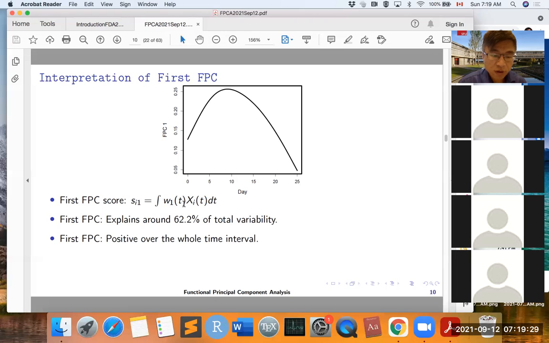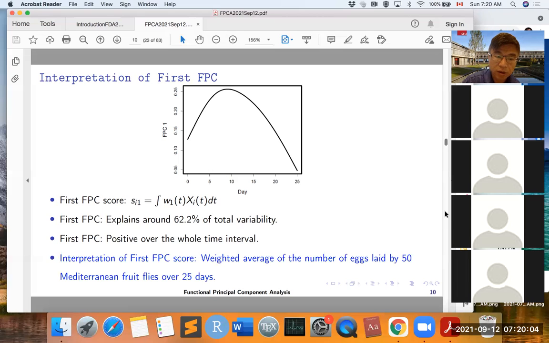So now we know that the first FPC score is the weighted average of the curve X_i(t) with the weight defined by FPC1. You can see here the weight FPC1 is the highest around day 8 and the lowest at the bottom around day 25, right?